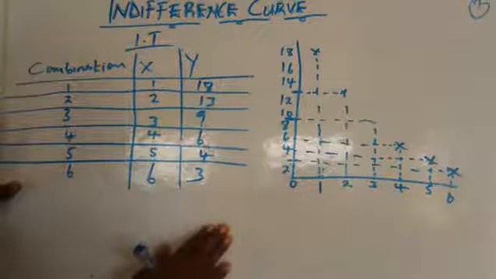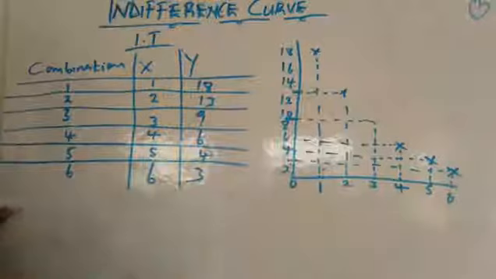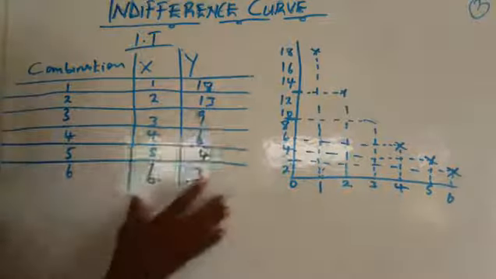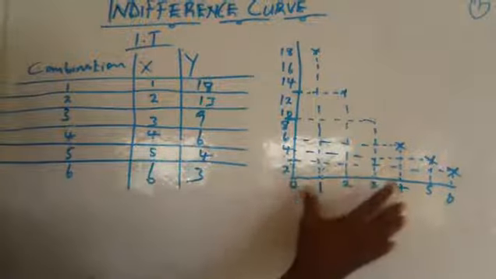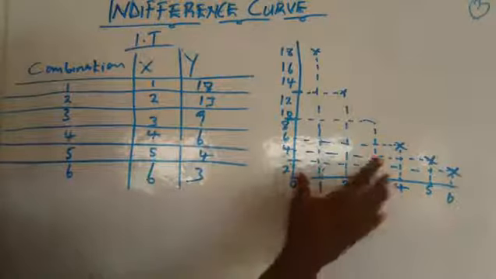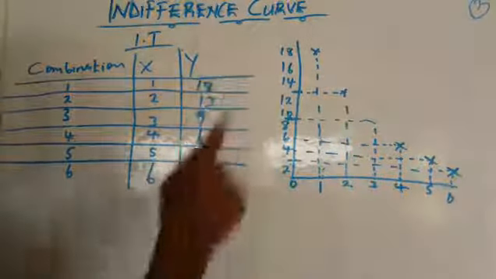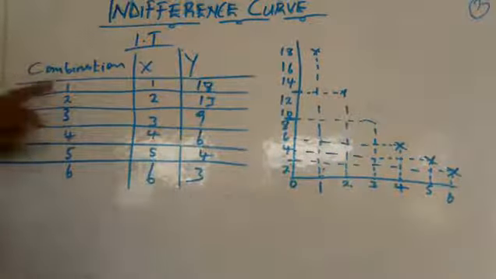Now, since we've understood the indifference table, let's go to indifference curve. When you plot the data you have here, that is when you're going to have indifference curve. And you cannot have indifference curve until you have a line that joins all the points together. What am I talking about? Look at combination 1.